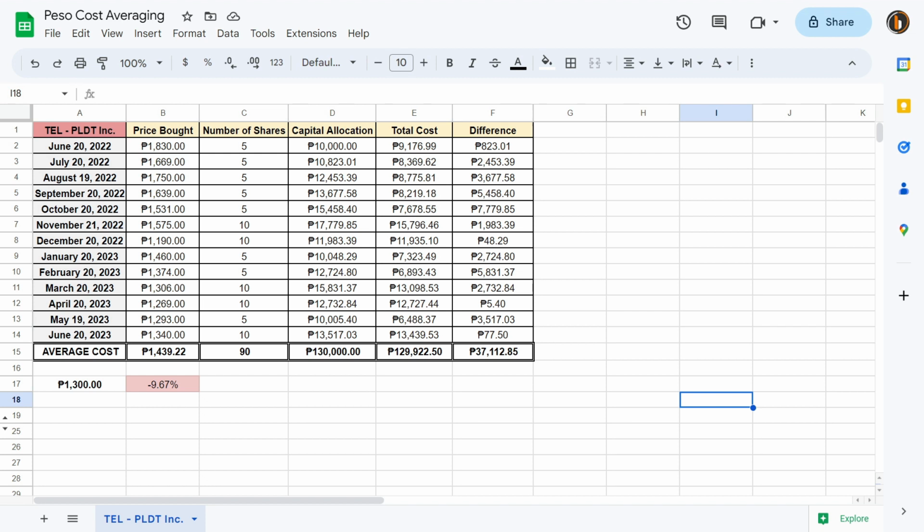Especially, for example, GMA7, which is one of my biggest holdings. They cut their dividends from around 1.45 to around 1 peso per share. So that is a big factor. But again, in the future, if they eventually give out more dividends, if their revenue and net income rise again, then I will benefit from that.